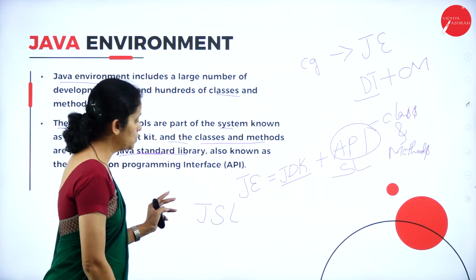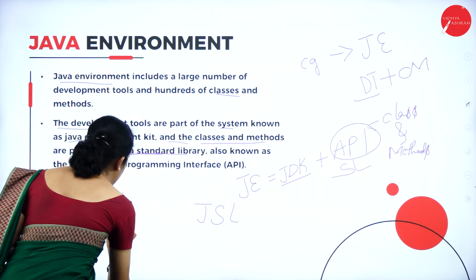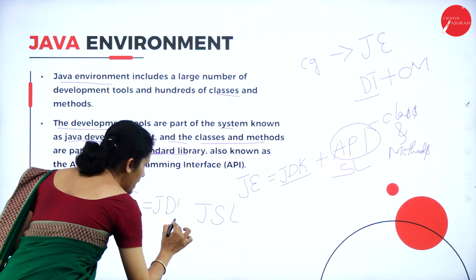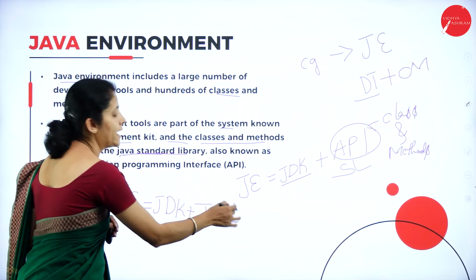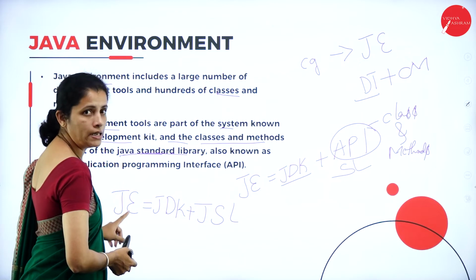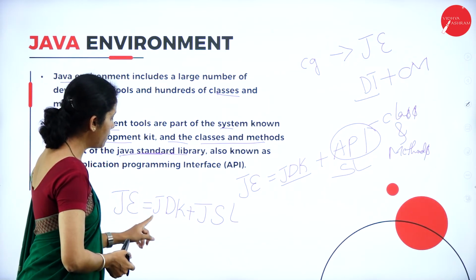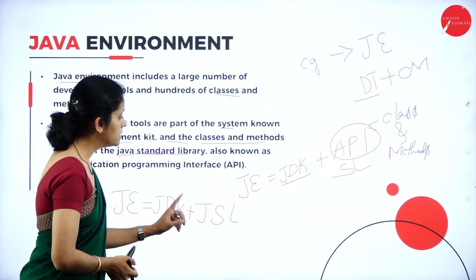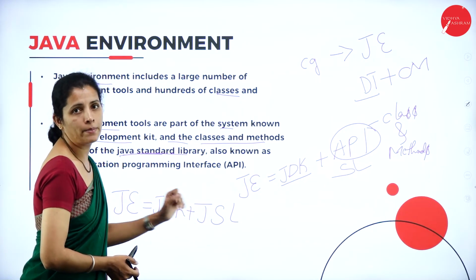The final conclusion here is JE equals JDK plus JSL. That is, the Java environment is the Java Development Kit plus the Java Standard Library.